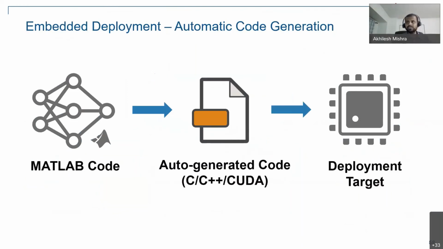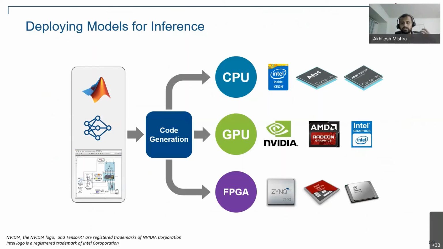One thing I will show you right now is that we have the tools called coders, like HDL Coder, GPU Coder, and MATLAB Coder, which generate CUDA and HDL code for the different platforms.